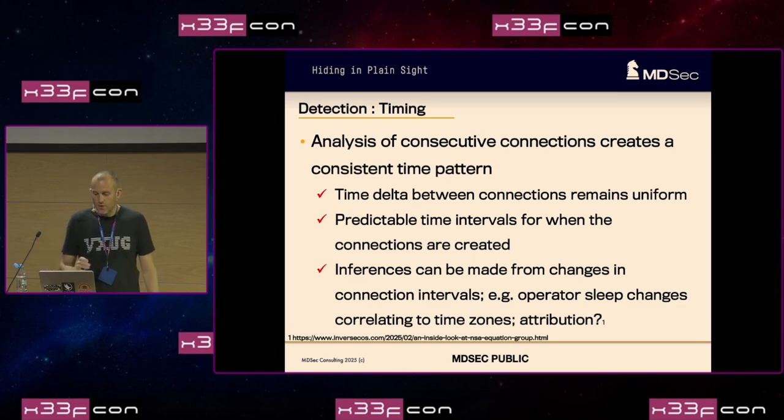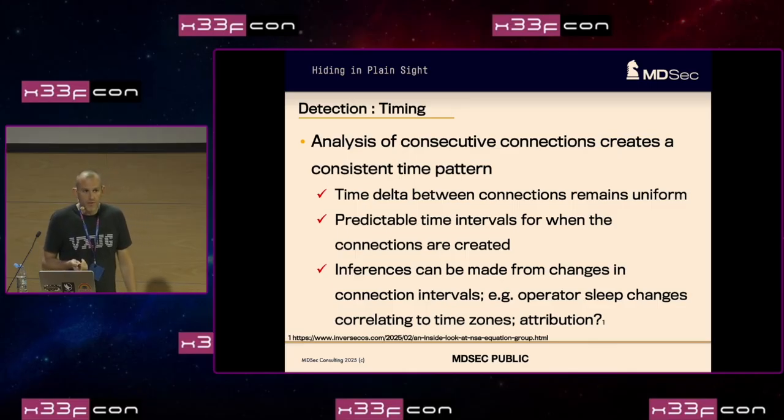And there's a few assumptions that we can make when we look at this data if we analyze the times that the requests occur. So, for example, if we see a beacon checking in once per hour, then suddenly at 9 a.m. it starts checking in, maybe every 5 to 10 minutes, that might indicate some hands-on keyboard activity. And we can use this for other assumptions, things like attribution.